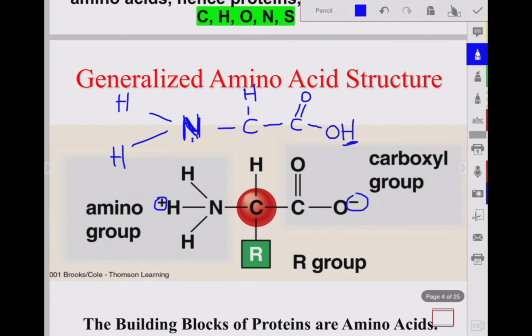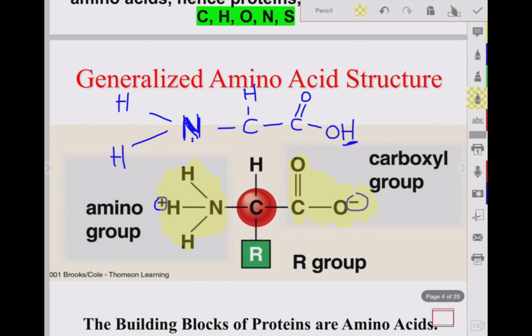Here's what's really important. You need to know the functional ends. So you've got an amino group on that end. You've got a carboxyl group on this end. You have your central carbon. What gives the identity to each amino acid isn't just those things. Those things make it an amino acid.